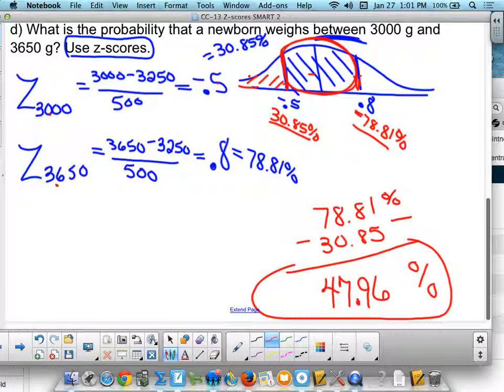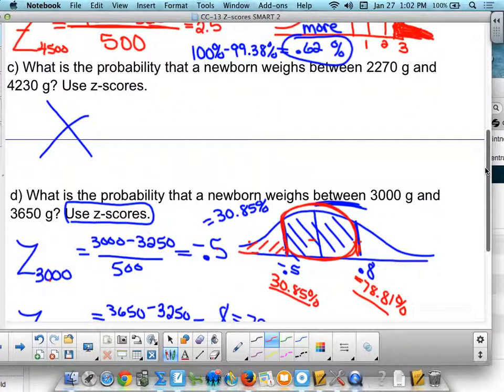That's the percent. The one above it, guys, is the same problem. If you want to do it later, try to get 95. That's the answer. Okay? All right.